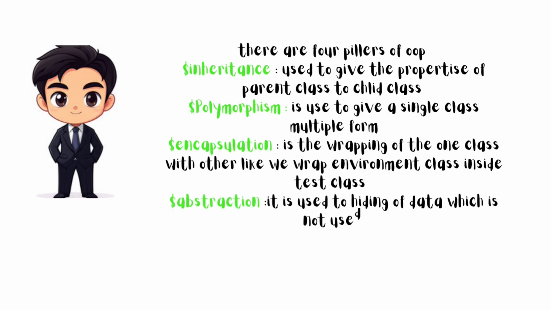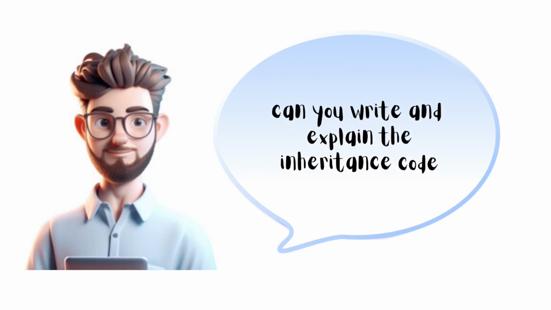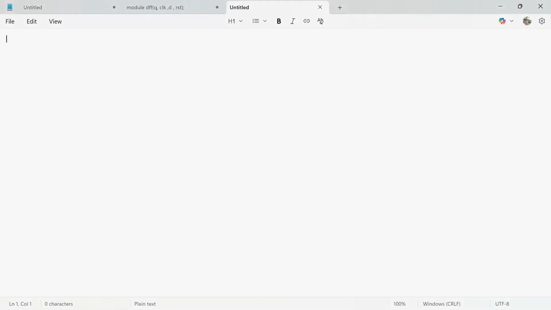Can you write and explain inheritance code? So for writing inheritance code, first we need a base class, which is our parent class in this code, and we'll design this class and end class it.